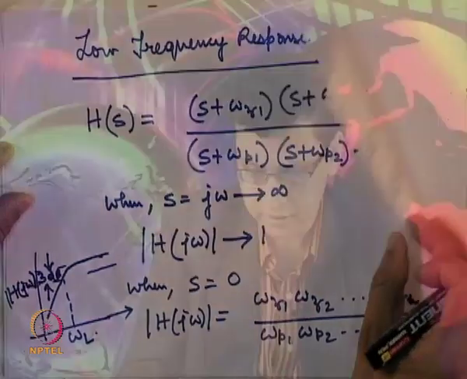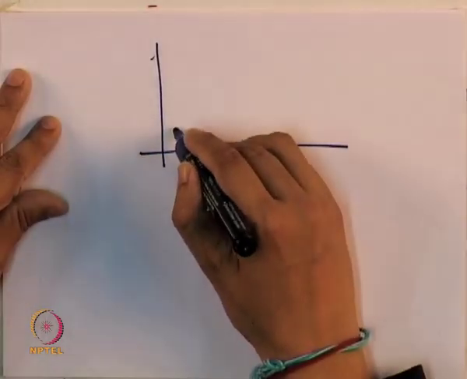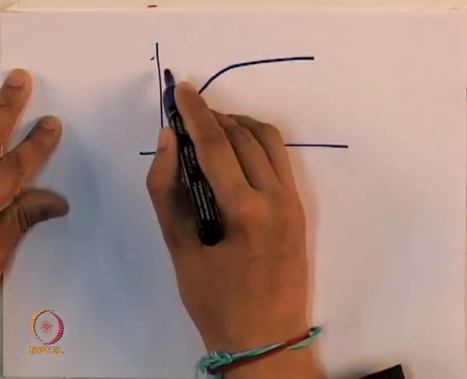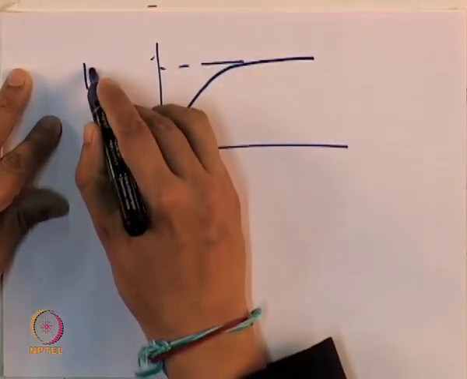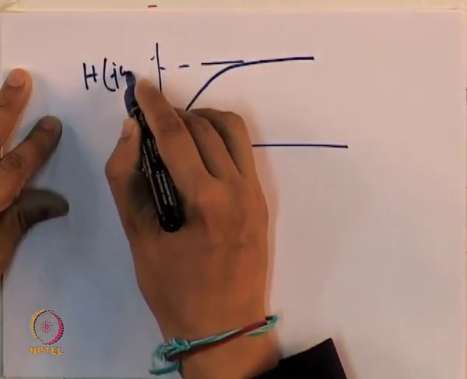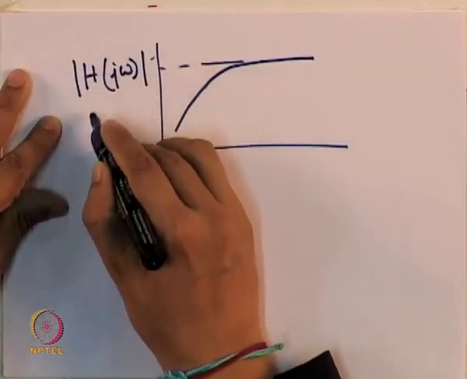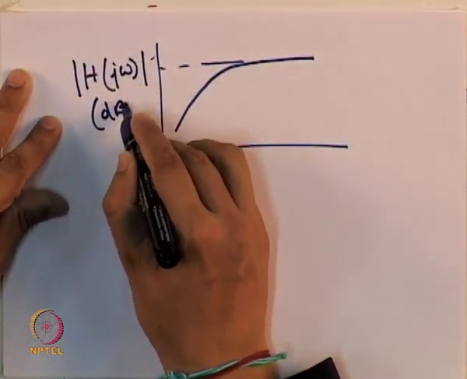Let me draw it nicely. So, for this equation, the type of graph that we will get is like this. So, this is again H of j omega in dB.